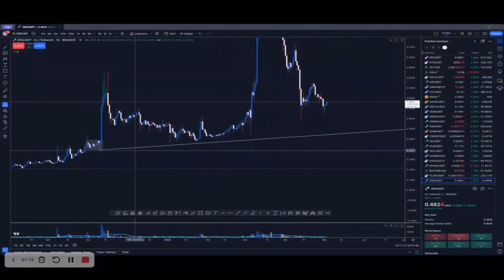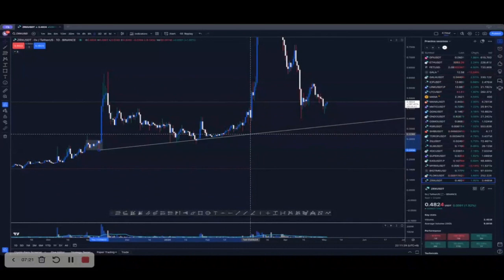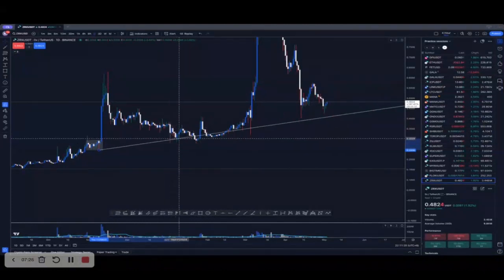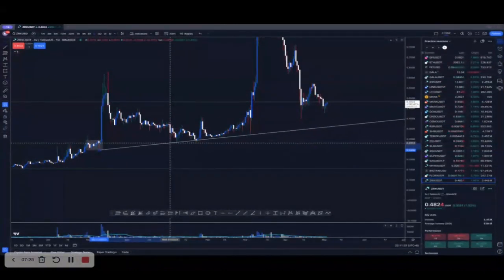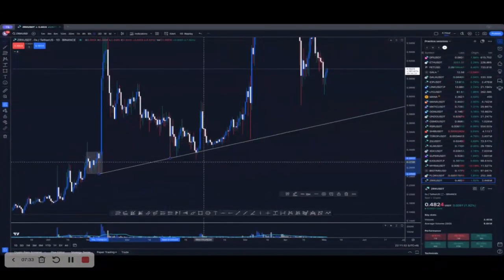You can also play around with the trend line to see if you can get more touches. And sometimes if you get more touches, that could potentially be a more solid trend line. For this example, we have a little bit more touches here. So we have 1, 2, 3, almost 4. And here's pretty much almost 5. And you'll see that we never really closed below this trend line, right?